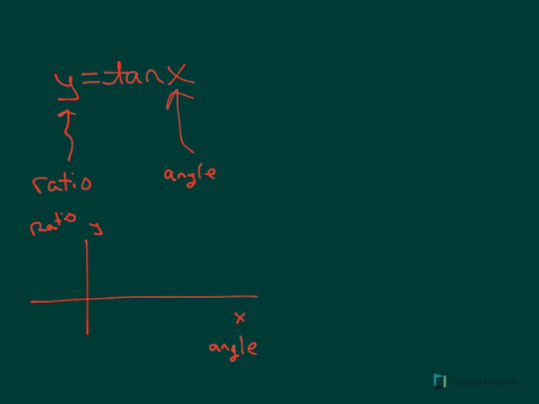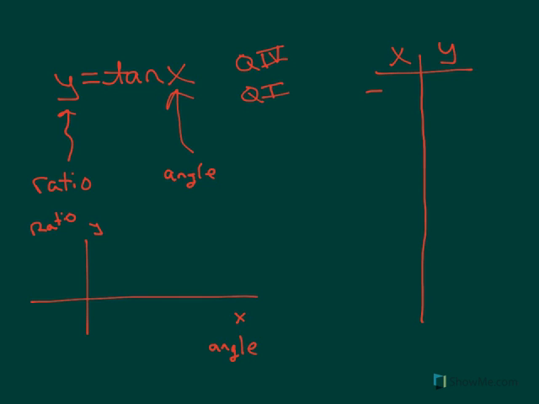So let's look at some key points, and I'll just go ahead and give you which ones are kind of the good ones to look at. For tangent, to look at the fundamental cycle between two asymptotes, you actually want to start in quadrant 4. We're going to do some points that are in quadrant 4, and then we're also going to do some angles that are in quadrant 1.